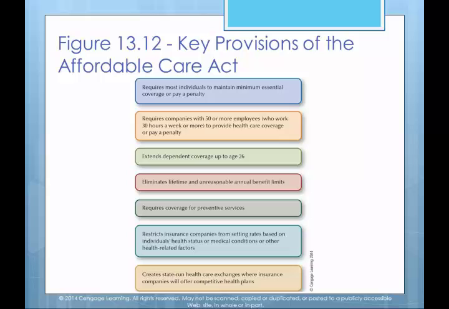Now it's up to age 26. It restricts insurance companies from setting rates based on an individual's health status, medical conditions, other health-related factors, or pre-existing conditions, and creates state-run health care exchanges where insurance companies will offer competitive health plans.